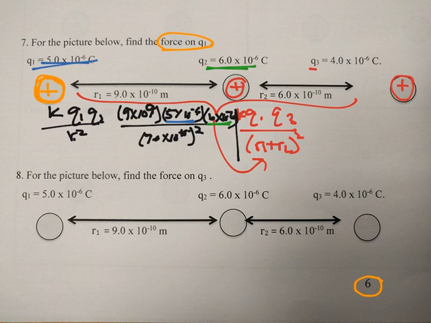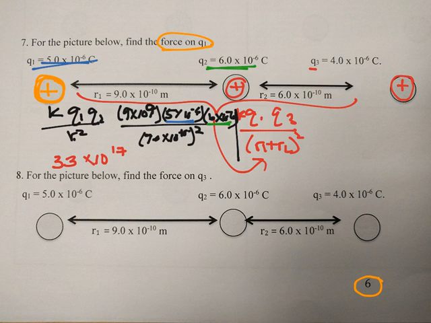And if you plugged it in correctly, you should hopefully get, for the first one, 3.3, I'm only going to go that far, times 10 to the 17th. It's a really huge force because they are very, very, very close together.